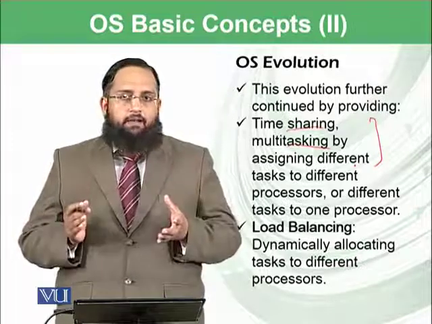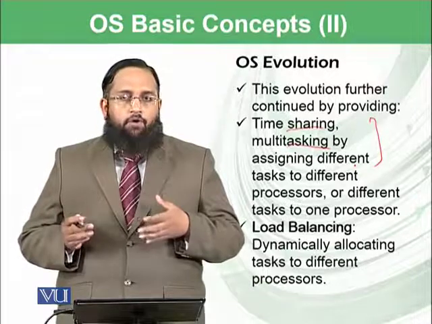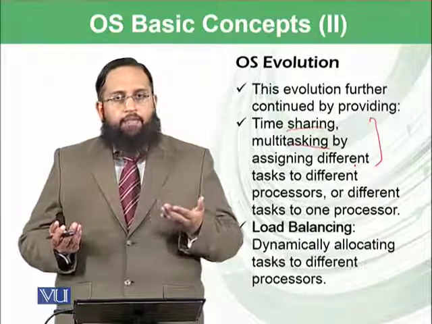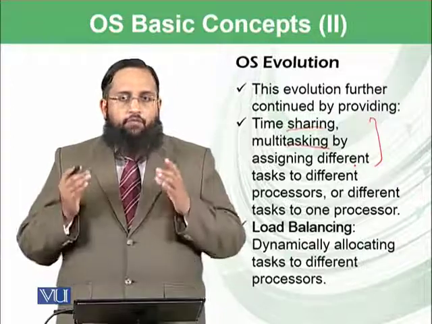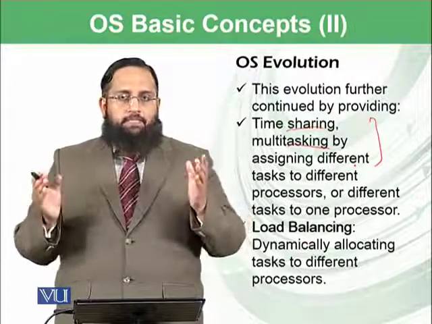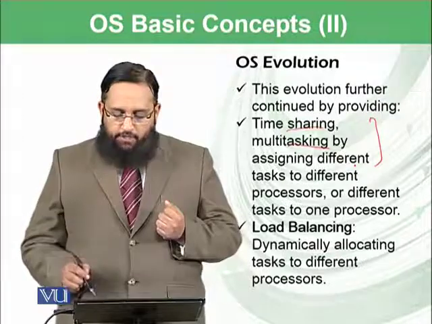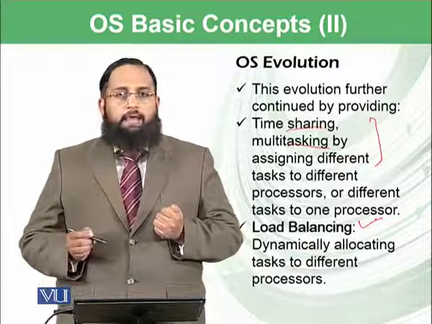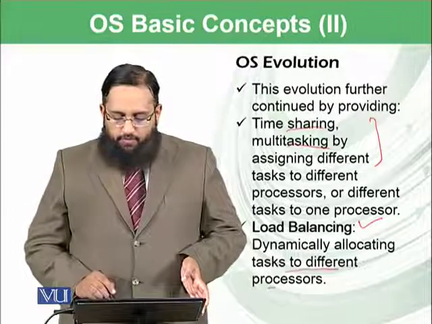And in Pakistan, there are some computers available which have thousands of processors, and those are called supercomputers. When such multiple processors are involved, there is another important term known as load balancing, which dynamically allocates tasks to different processors.